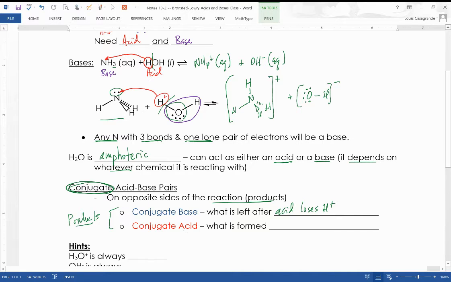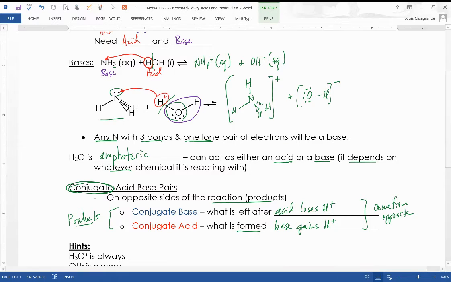And likewise, for the conjugate acid, you start off with the base and it is what is formed when the base gains H+. So they always come from the opposite. An acid forms the conjugate base, a base forms the conjugate acid.